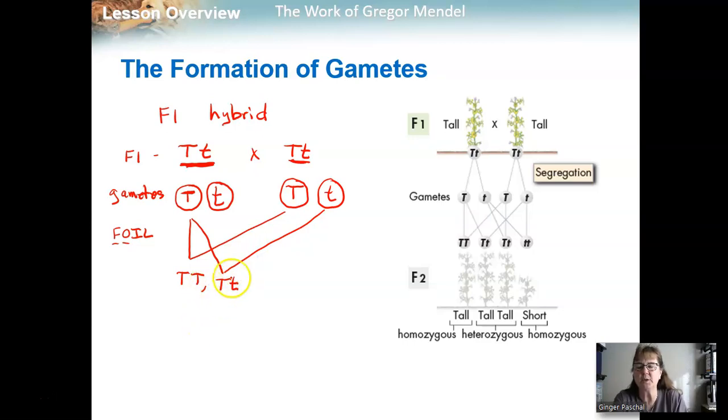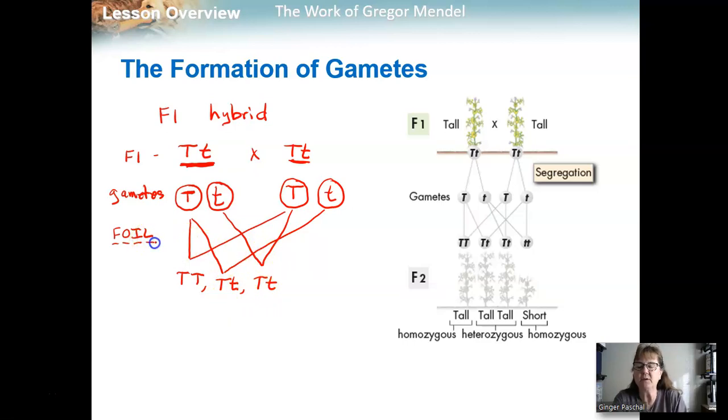So let's put a comma between that so we know that's 2 different individuals and it's the genotype. I is inside, so we take the inside letter from each of these, and we have a capital T, lowercase t. In that case, you can see these 2 are the same.